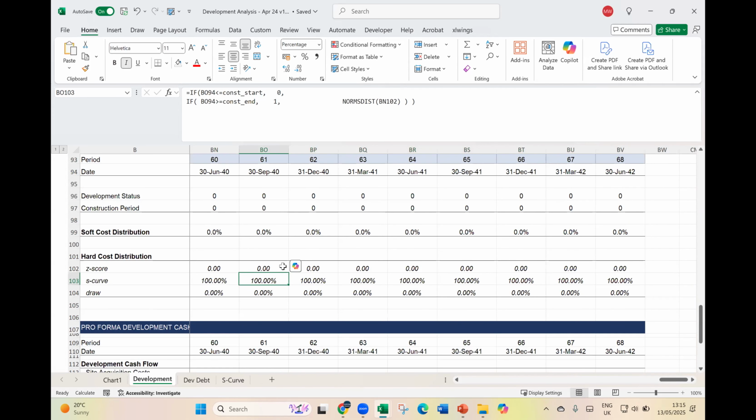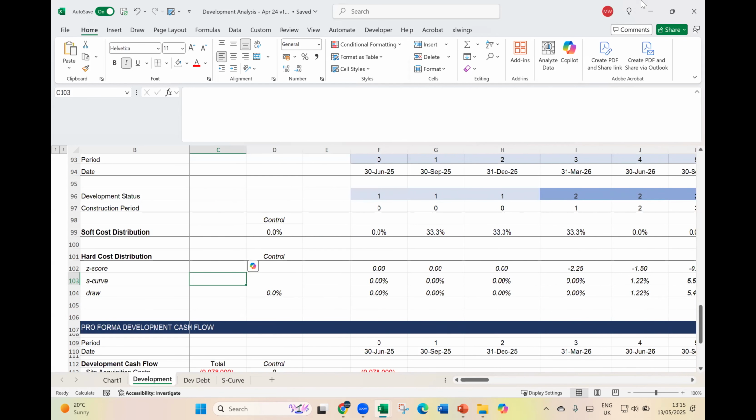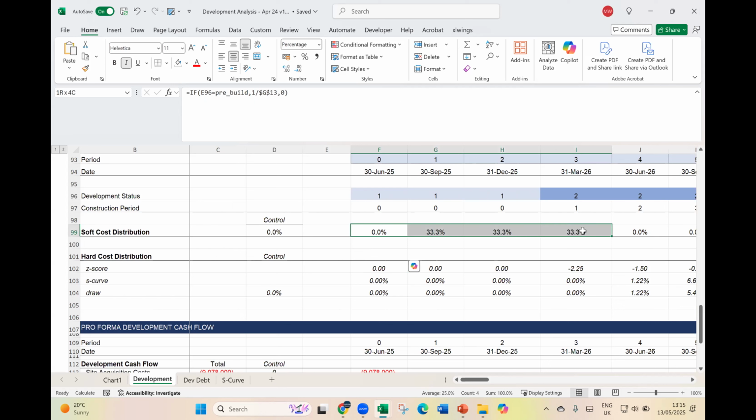So that's one thing that you need to be aware of when you're building your first development pro forma, right? That you have different ways to distribute costs. So soft costs, I tend to be distributing it as a straight line. So the costs are all the same across the periods. Okay, so if you had, for example, five periods as your planning periods, then it will be 20%.